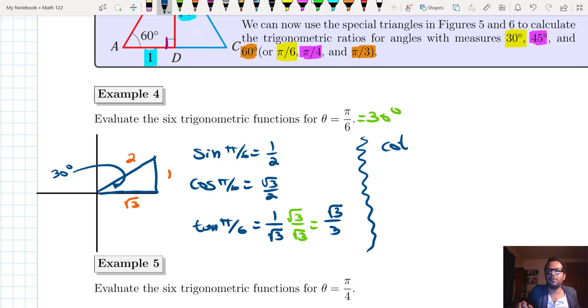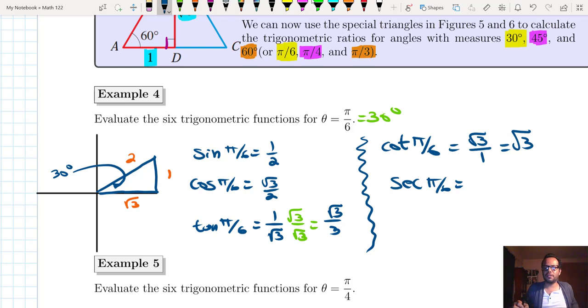So cotangent, so by now we should keep in mind, right? We should be aware that cotangent is no other than the reciprocal of tangent, right? Root of 3 over 1, which is simply root of 3. Secant pi over 6, which is the reciprocal of cosine, or hypotenuse over adjacent, which is 2 over root of 3.